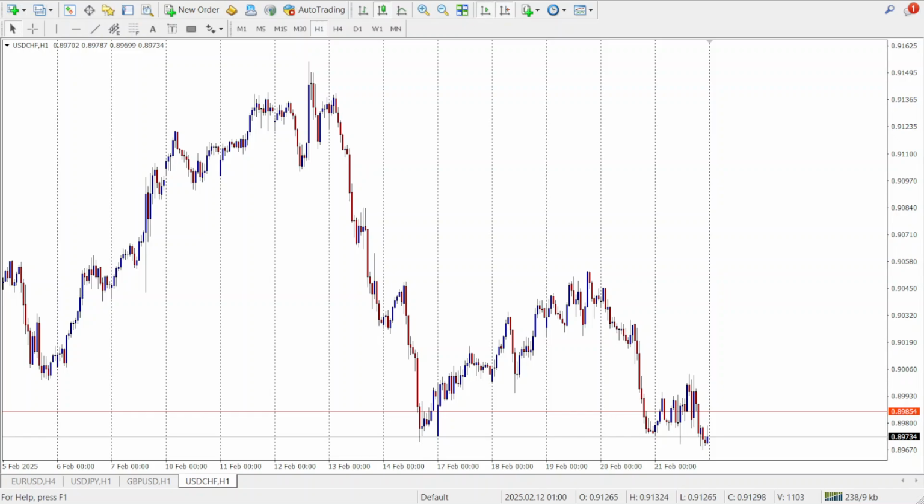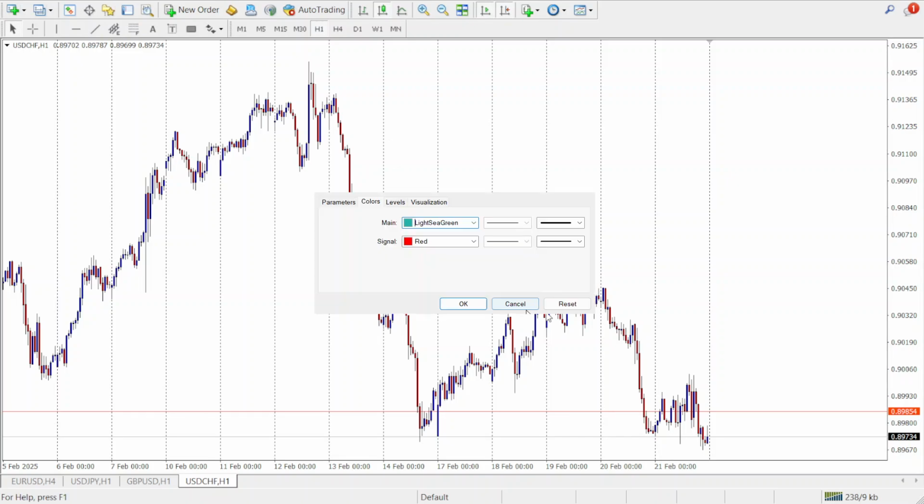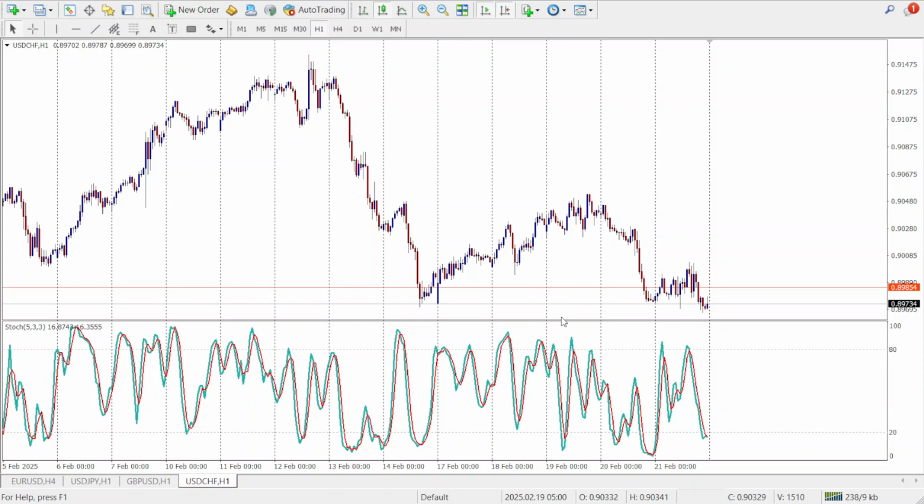First things first, let us talk about what the stochastic indicator actually is. Now, let me add the indicator to the chart. Now, the stochastic oscillator is a momentum oscillator.